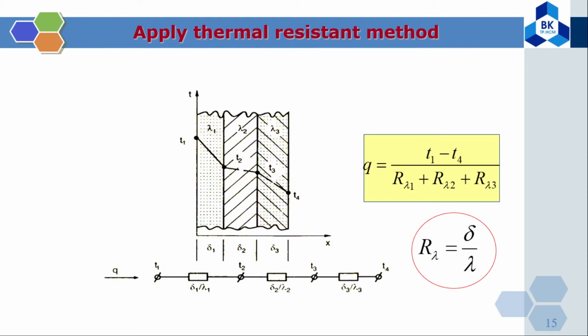The heat transfer by conduction through the multilayer wall is Q equal to T1 minus T4 divided by R lambda 1 plus R lambda 2 plus R lambda 3. Of course, R lambda 1, R lambda 2, and R lambda 3 are equal to delta 1 divided by lambda 1, delta 2 divided by lambda 2, and delta 3 divided by lambda 3 respectively.